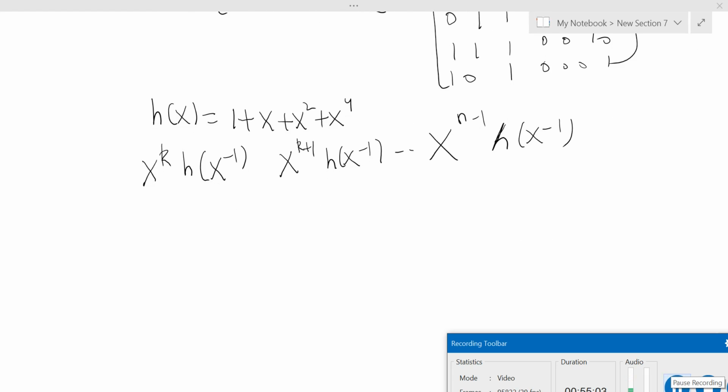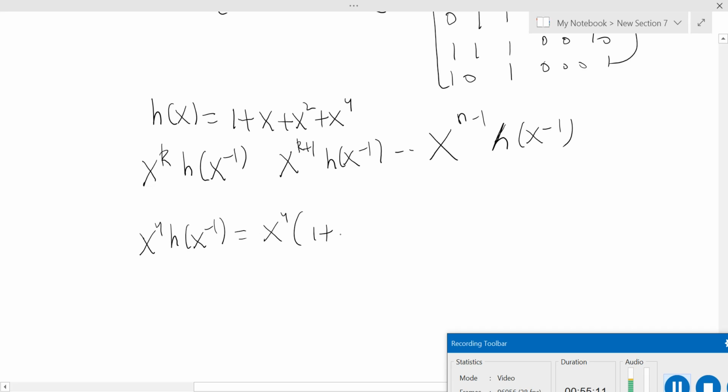Here k is 4, so x to the power 4 h of x inverse is x to the power 4 times 1 plus x inverse plus x minus 2 plus x minus 4, which becomes 1 plus x square plus x cube plus x4.